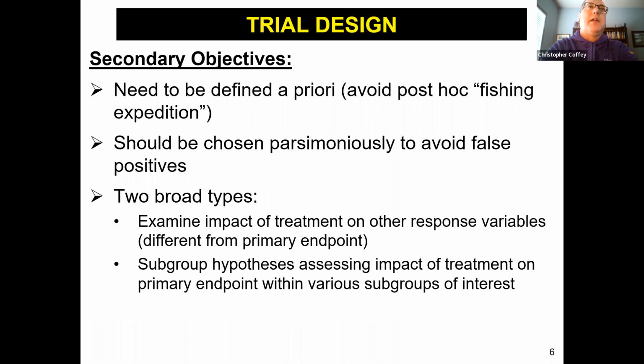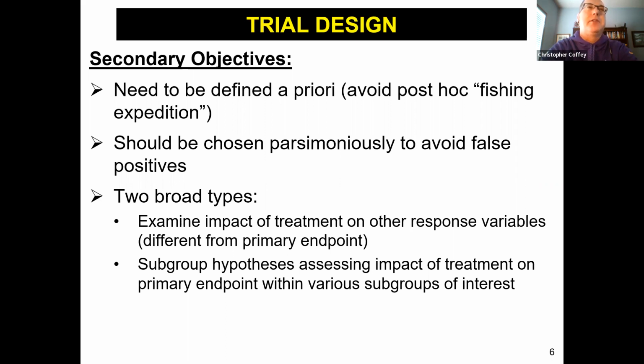Now, there are often lots of secondary objectives, especially in more of the early phase trials like you're going to be looking at. Secondary objectives can be really informative, but they can also be somewhat problematic in that often, by definition, these are not powered. And there can be a tendency to want to throw a lot of secondary objectives in to make sure nothing is missed. But on the other hand, that can be seen in many cases as a fishing expedition.